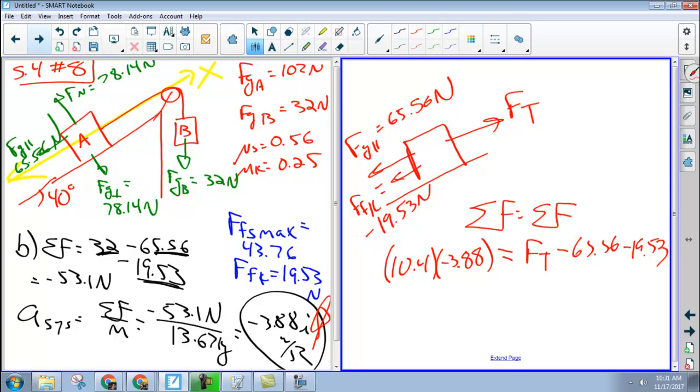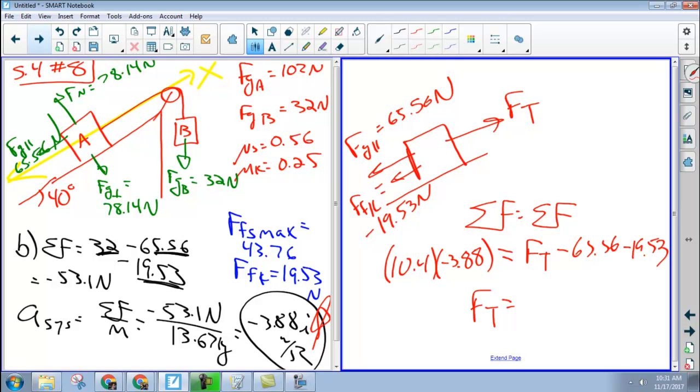Okay, so let's do it real quick. So times negative 3.88 plus 65.56 plus 19.53, and it gives you your tension force ends up being, oh, what did I do? Which way is the system accelerating? The system's going up the ramp.